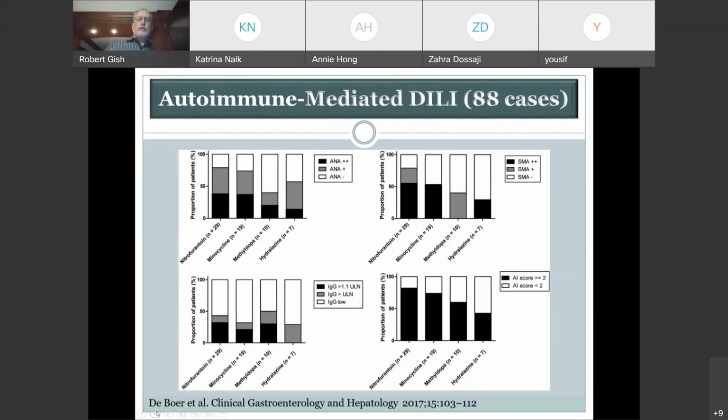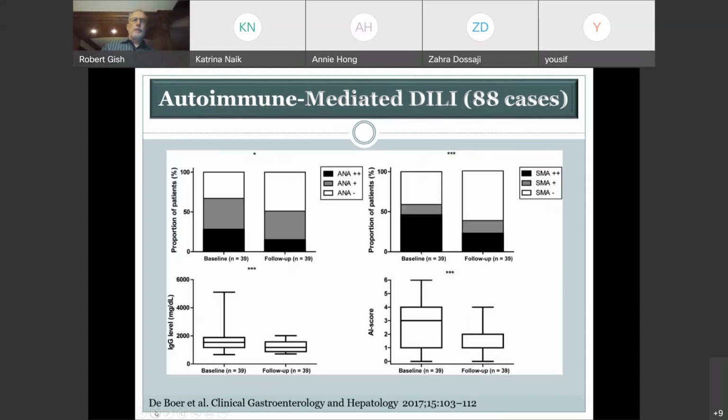But biopsy still is really important to make this determination and justify moving forward with steroids, which again are rarely used in drug-induced liver disease, but can be useful in these very specific cases. This is just going over some more of the autoantibodies and IgG levels.